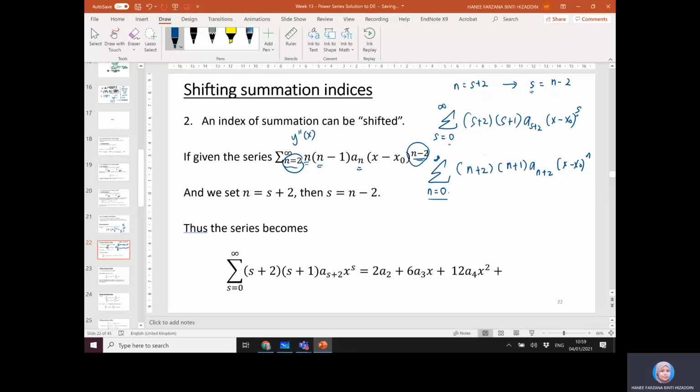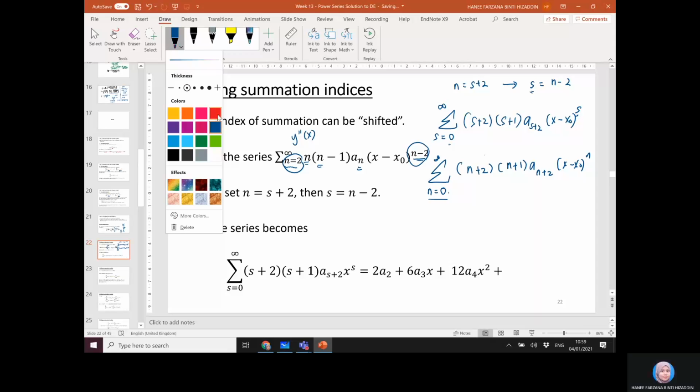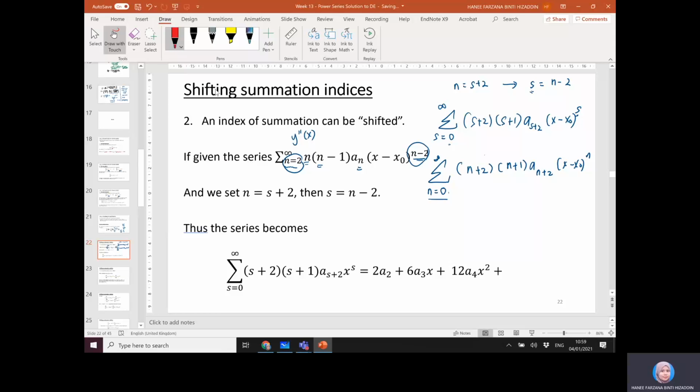The shortcut is this. Look at this original series here that you haven't shifted. Your goal is to make n start from 0, so you want to reduce the 2 to 0.